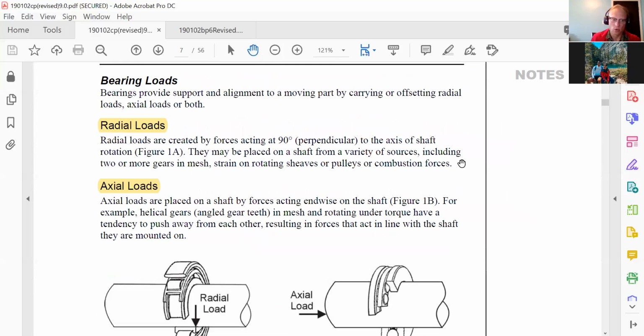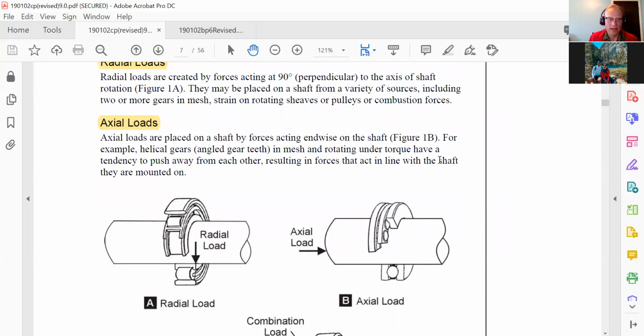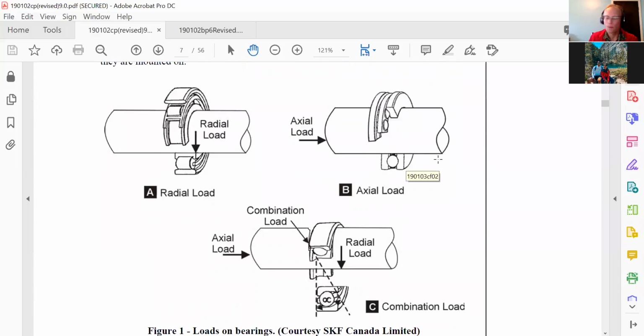The different types of loads on a bearing. It is very important to know the difference between them: radial loads and axial loads. A radial load is anything going out from the bearing in this direction.